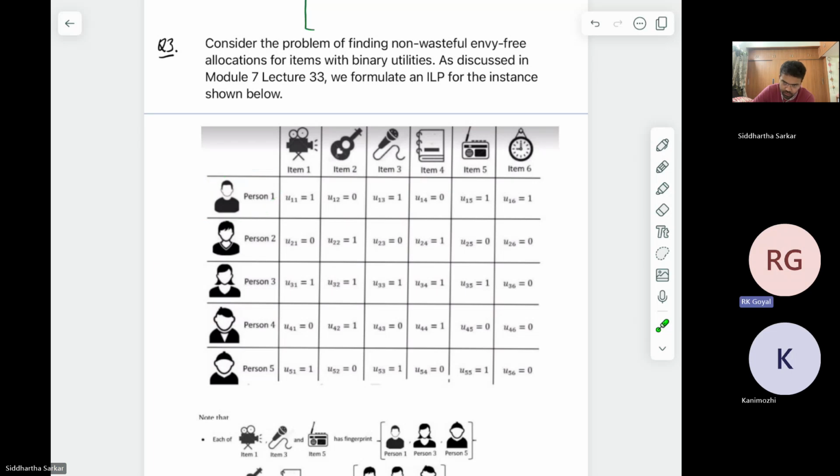Your video got frozen, and your video and audio both got frozen. Sorry, I don't know what the issue is. Can you try relogging? Yes, I can try.